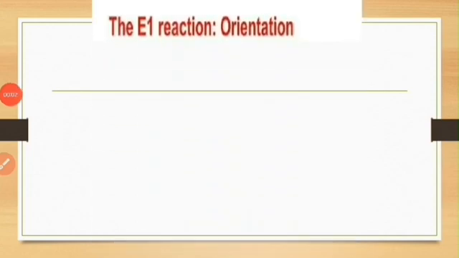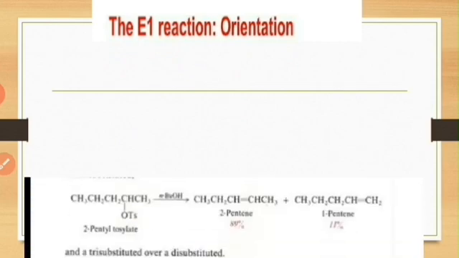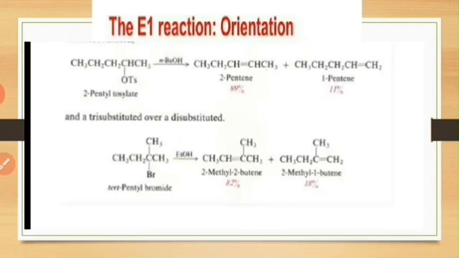Next, orientation of the E1 reaction. The E1 reaction is regiospecific because it follows the Saytzeff rule, which states that the most substituted alkene is the major product. This infers that the hydrogen on the most substituted carbon is the most probable to be deprotonated.